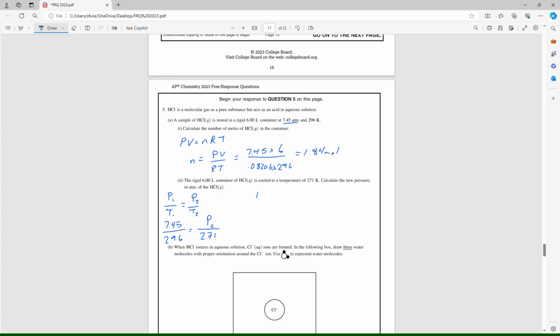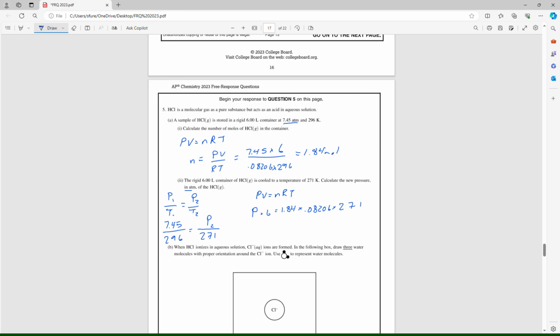The other way you could do it is you could also just use PV = nRT using this known amount of moles. This is a rigid container. It doesn't indicate any loss of moles. So we could just say pressure times 6 liters equals 1.84 moles times 0.08206 for R times, and it says in atm, so we're going to continue to use 0.08206, and then our temperature is 271.